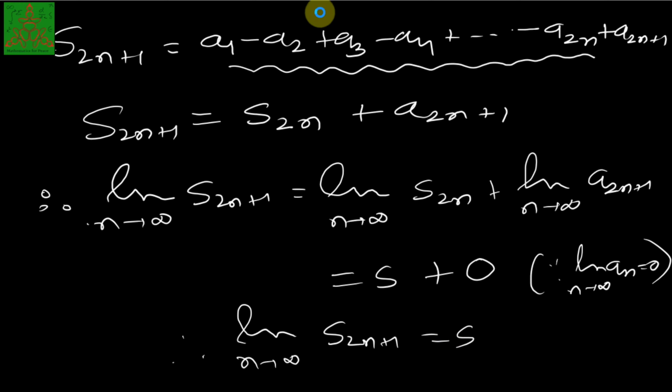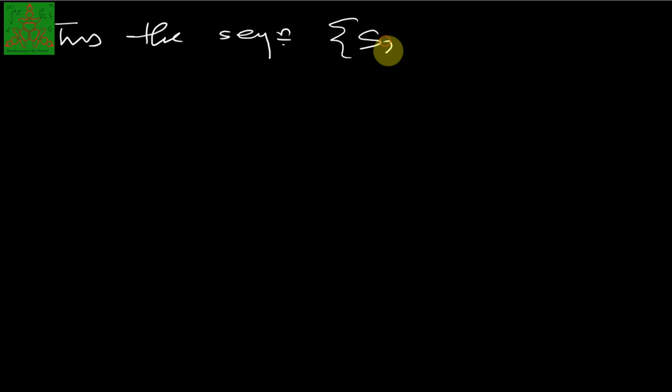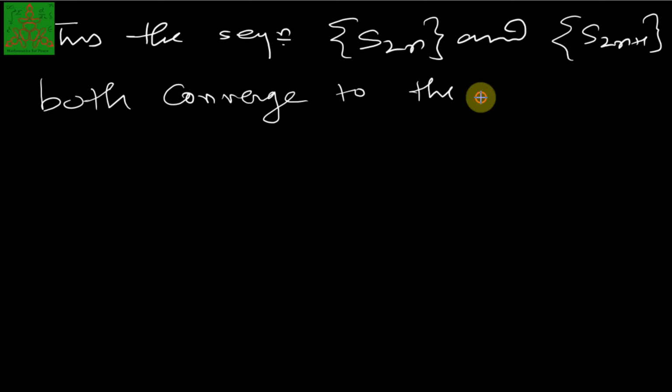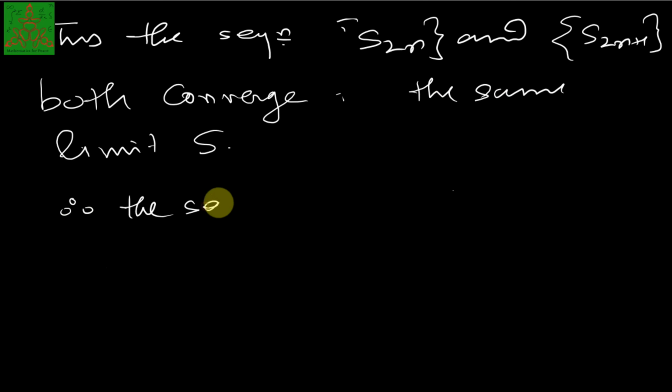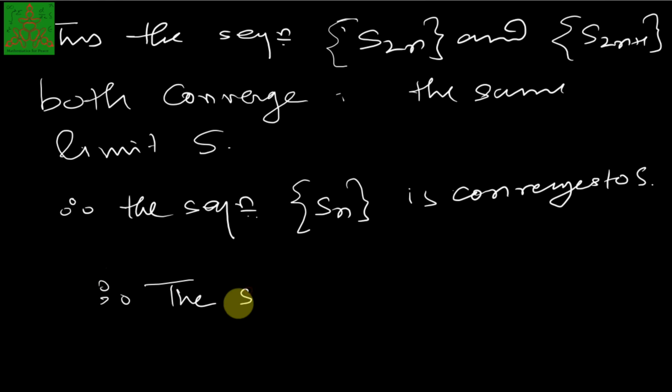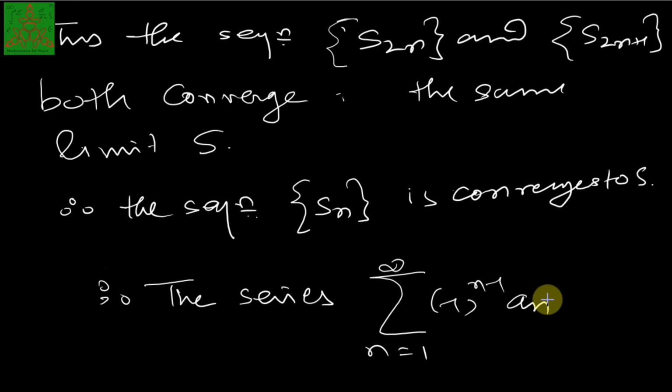So therefore the sequences S_(2n) and S_(2n+1) both converge to the same limit S. Therefore the sequence Sn converges to S, since the even terms converge to S and the odd terms also converge to S. So the original sequence Sn also converges to S. And that completes the proof that the alternating series, the summation of (-1)^(n-1) an running from 1 to infinity, is convergent if it satisfies three conditions.